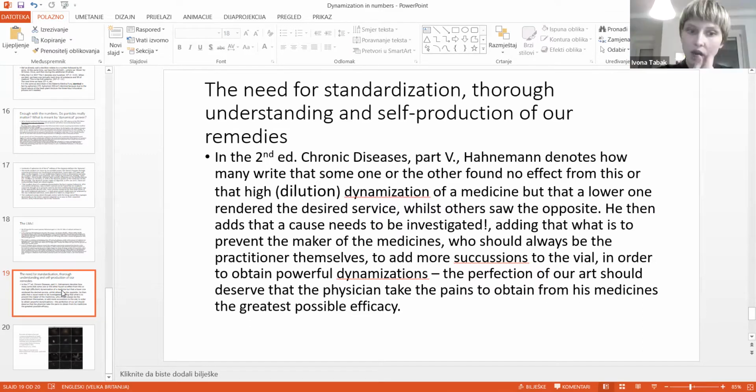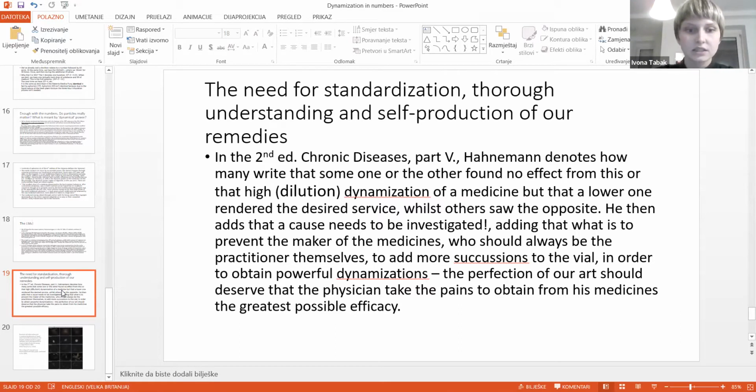Hahnemann was aware that in chronic diseases it is frequently written that some found no effect from high dilution, and some found no effect from low dilution. And he says this needs to be investigated. So we need to understand why this happened.